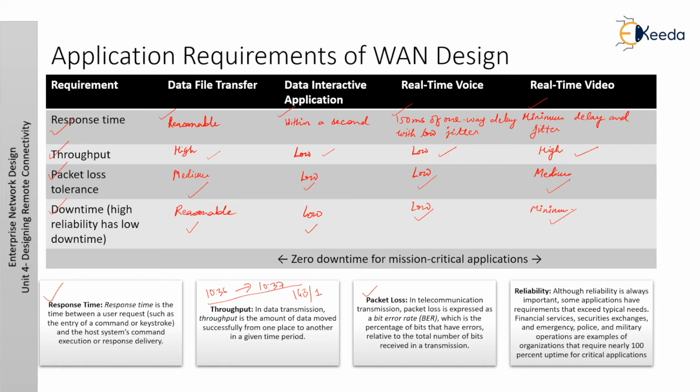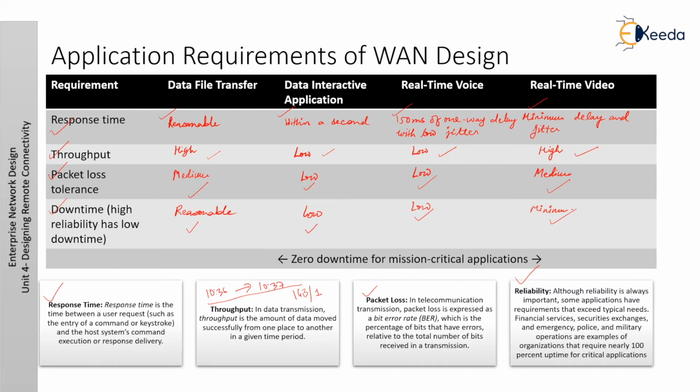Now come to reliability. Although reliability is always important, some applications have requirements that exceed typical needs. Financial services, security exchanges, and emergency police and military operations are examples of organizations that require nearly 100% uptime for critical applications. 100% uptime means not even one single percent tolerance.